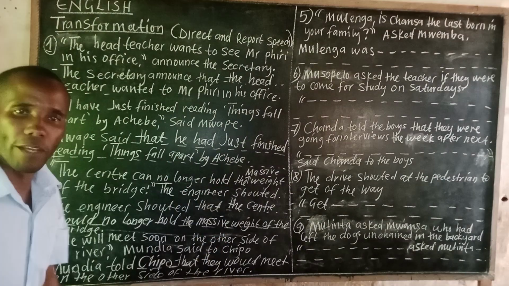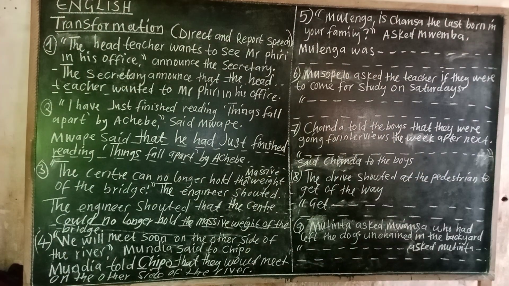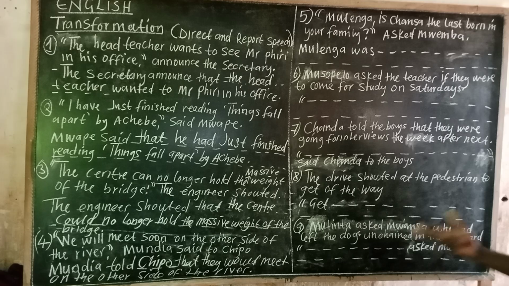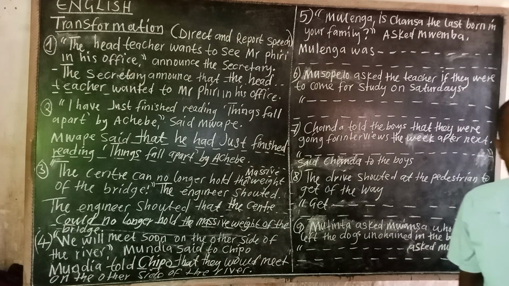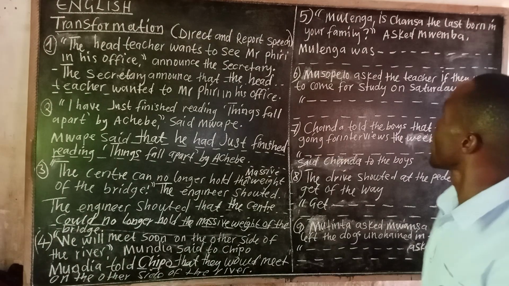Full stop. Okay? When reporting, always you have to put the full stop at the end of the sentence. So there you report like Mundia told Chipo that they would meet on the other side of the river. That is another mark. Then we go to question number 5.